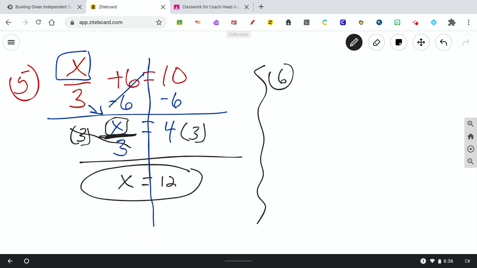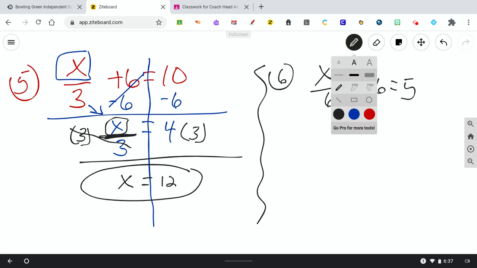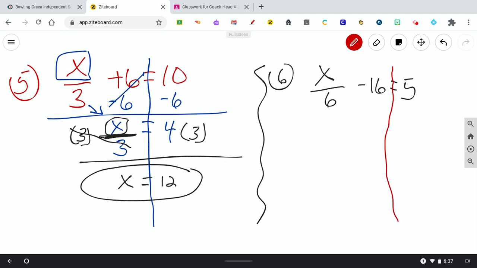Example 6. I have x over 6 minus 16 equals 5. Okay. So I will, again, draw my line. Remember, this is what I'm trying to get by itself.